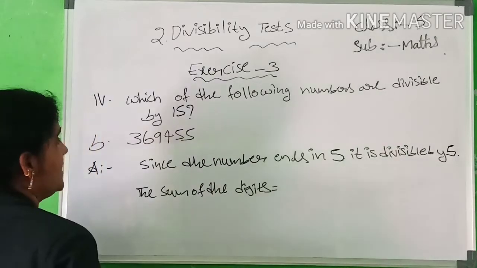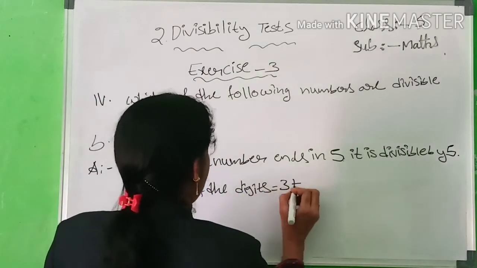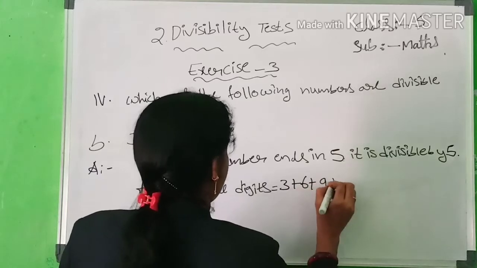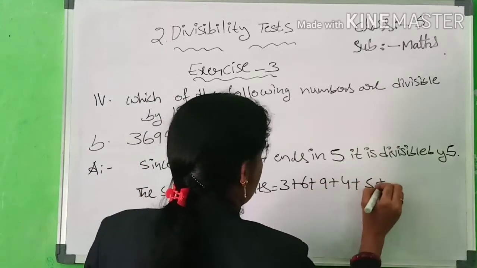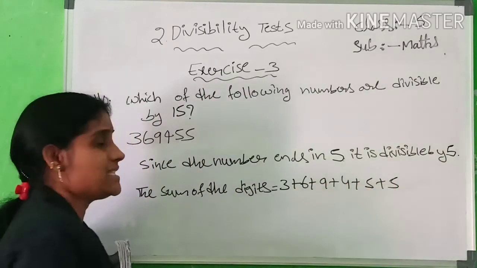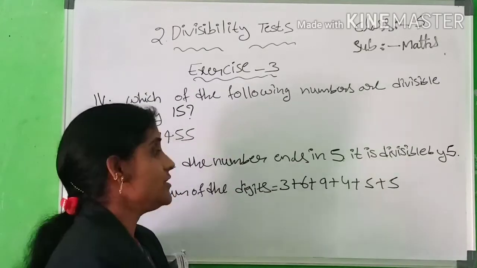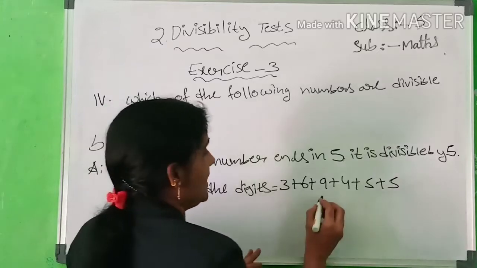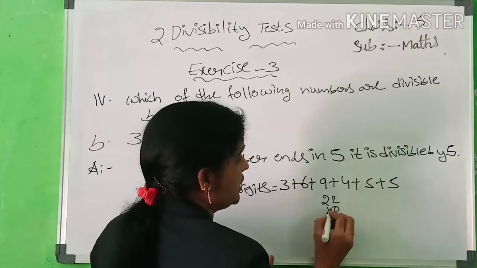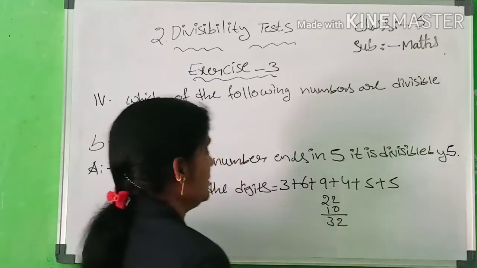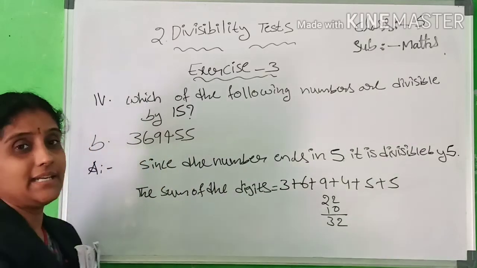Sum of the digits. You check 3, 6, 9, 4, 5, 5. 6 plus 3, 9. 9 plus 9, 18. 18 plus 4, 22. 22 plus 5, 27. 27 plus 5, 32. 32 does not come in the 3 table.